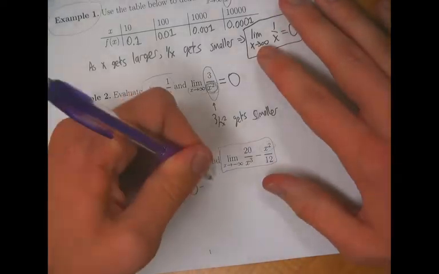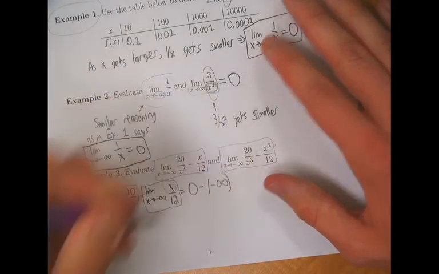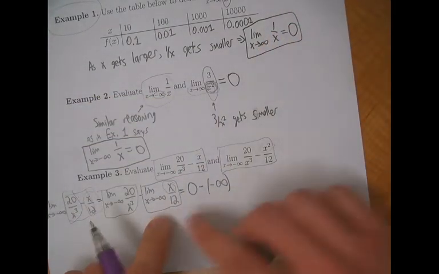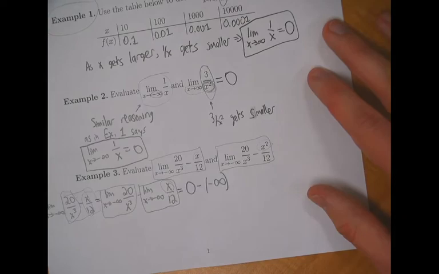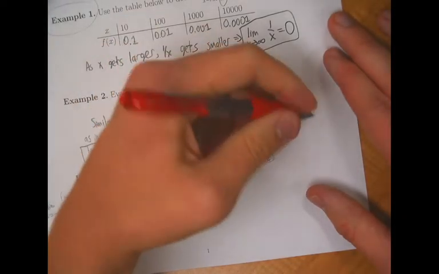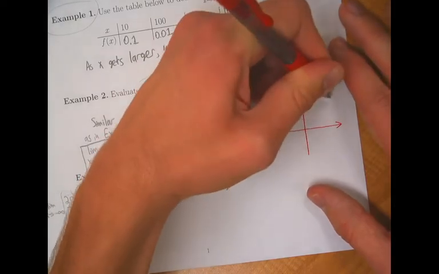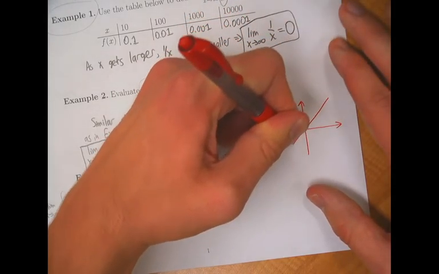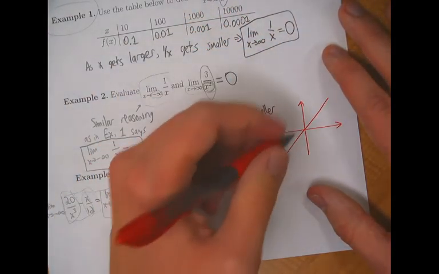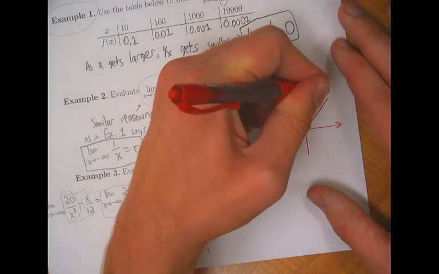Negative infinity, right? One way you can see this is to take a look at the graph of f of x equals x.